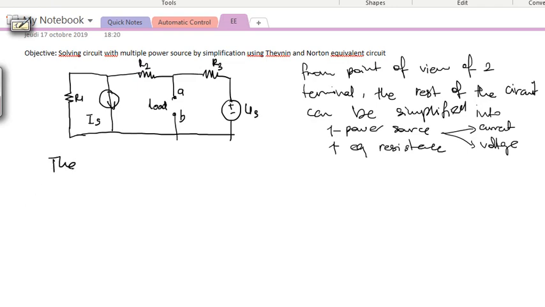Thevenin is a simplified circuit where the power supply is in the form of a voltage supply, and you have an equivalent resistance connected in series with the power supply.